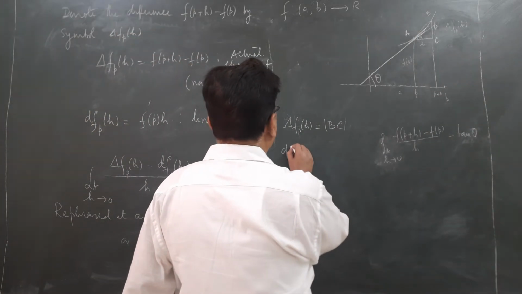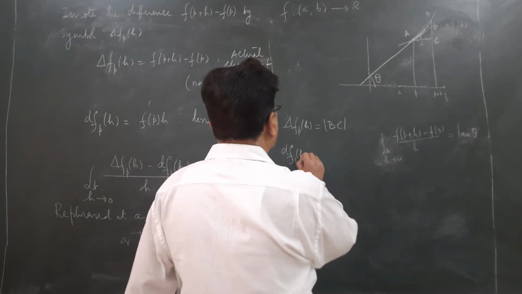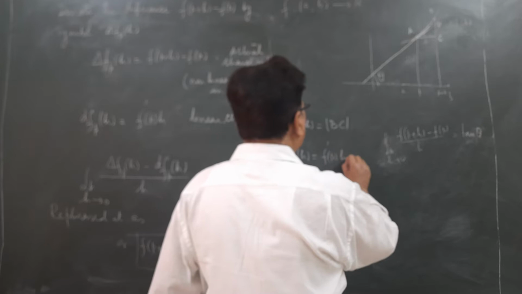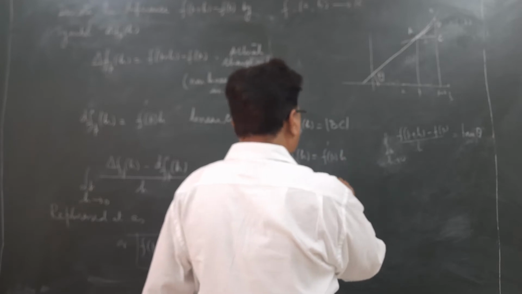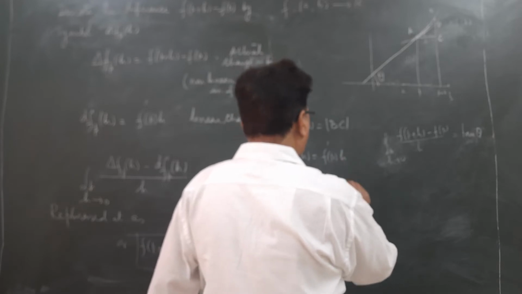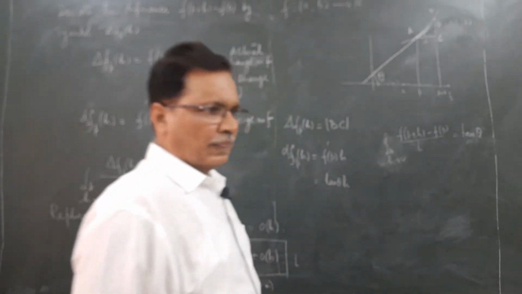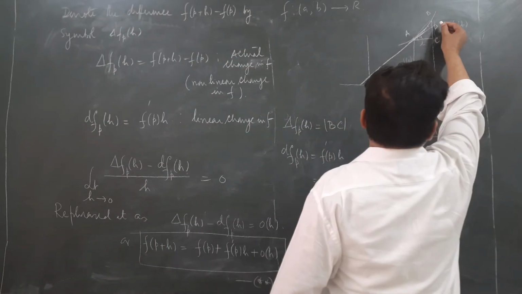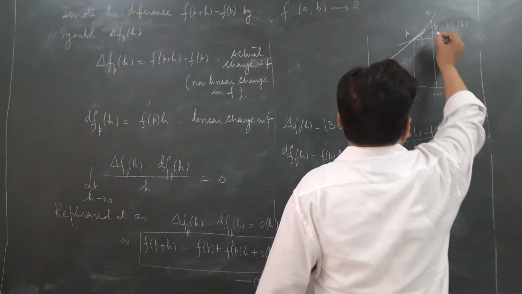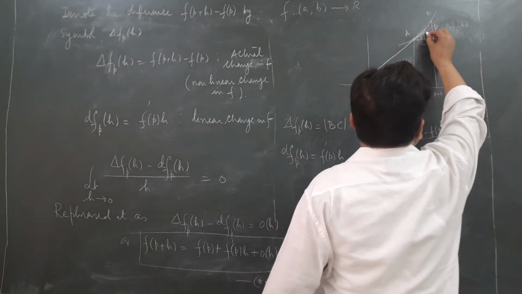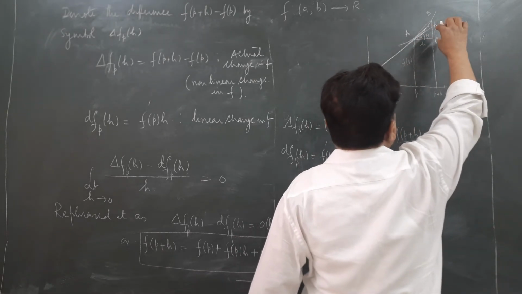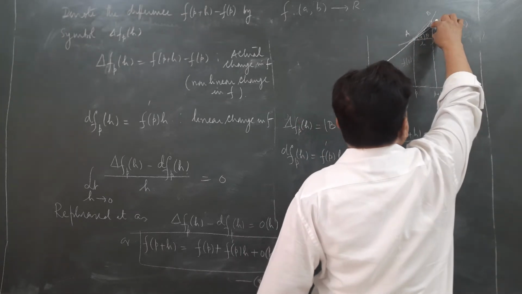Now df p h, it is f dash p into h. f dash p you know is tan theta, and into h. Is it right? Yes, sir. Tan theta into h, so I am looking at the triangle DAC. This angle is theta. Tan theta is DC upon h, so h into tan theta will become just DC. Yes, sir.